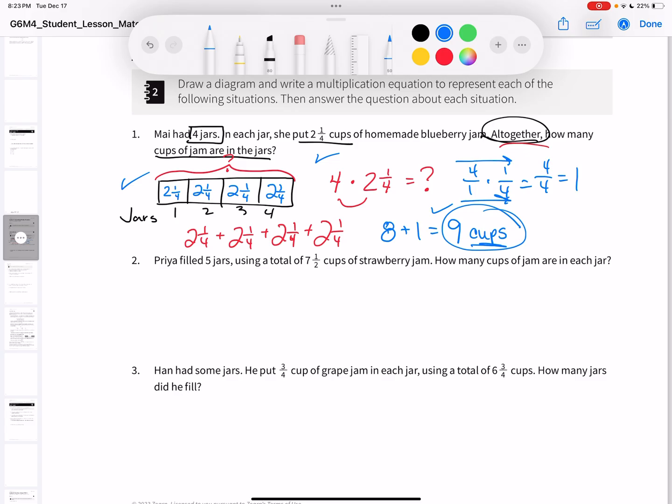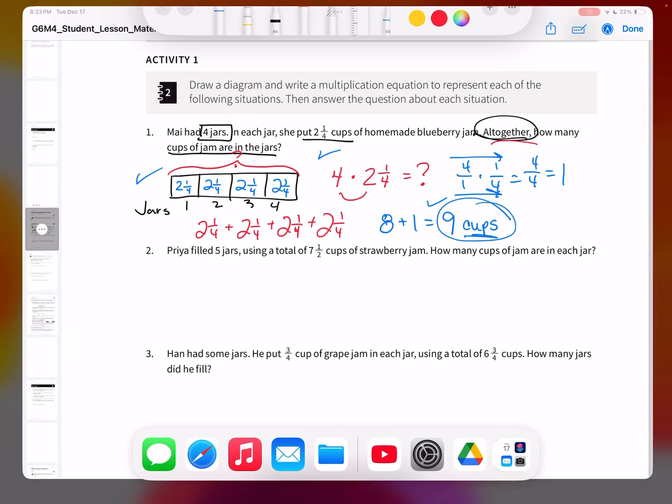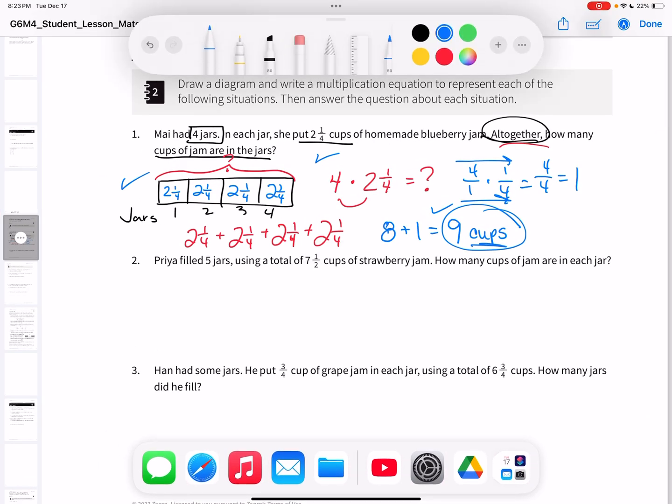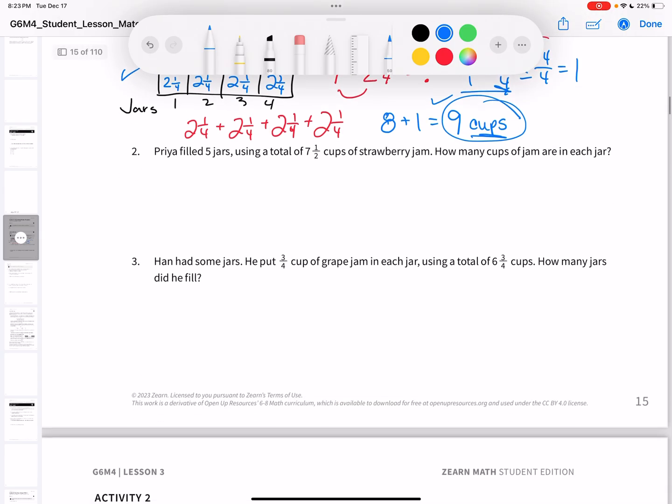We answered the question. All right, 2, Priya filled 5 jars using a total of 7 1/2 cups of strawberry jam. How many cups of jam are in each jar? All right, so we have our diagram, and it tells us we have 5 jars and a total of 7 1/2 cups together.